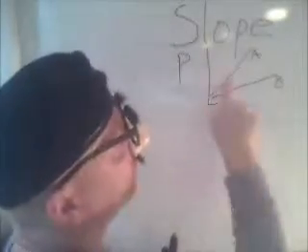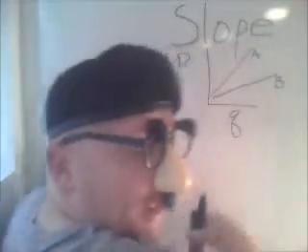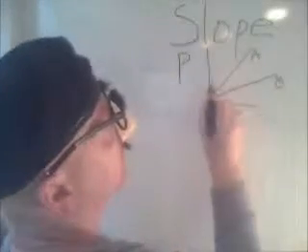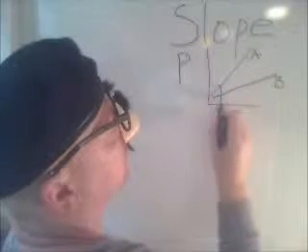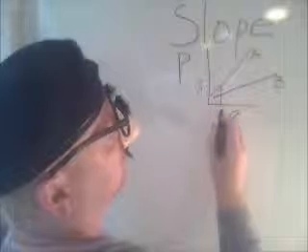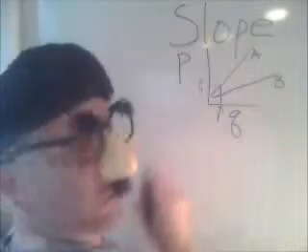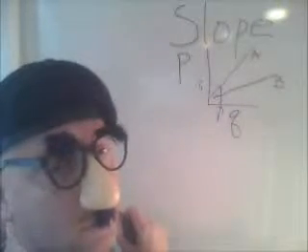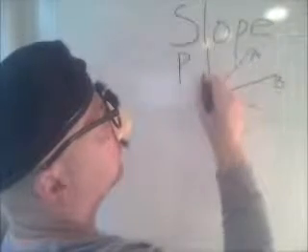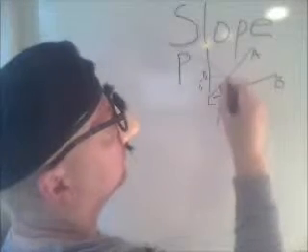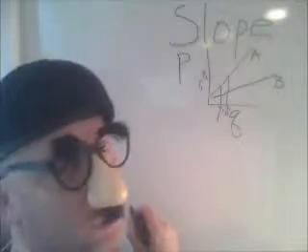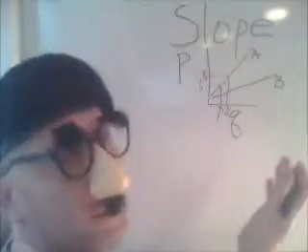Now, if we look, for example, at line A, which shows that at a given price, let's say this is P1, there is a given quantity demanded, which is Q1. Okay, and we change the price a little bit. We raise it to P2, which raises the quantity demanded to Q2. Okay, so it has some impact.